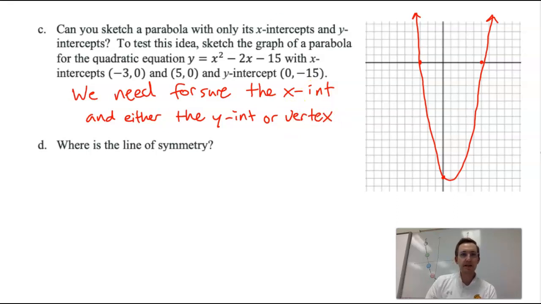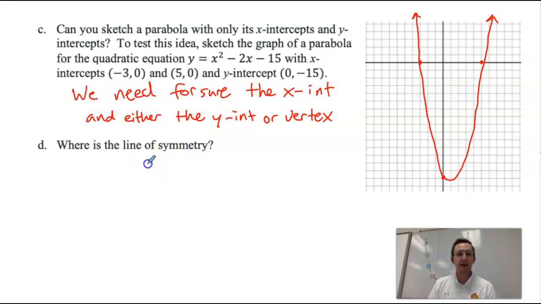So part D is asking, how do we find the line of symmetry? How do we find the line of symmetry between these two vertices, or basically what is the x-coordinate for our vertex here? And again, like we talked about on Tuesday, the line of symmetry is the halfway point between our two x-intercepts. So if we go halfway in between these two, what we can do to find that is take the difference of these two x-coordinates.